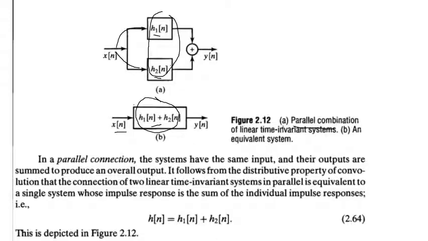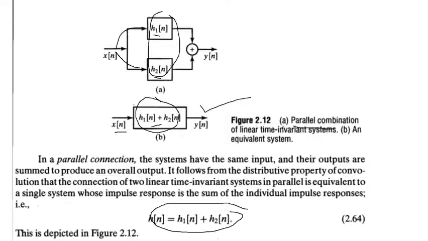So this is a parallel combination of LTI systems and an equivalent system. In a parallel connection, the systems have the same input and their outputs are summed to produce the overall output. So the impulse responses are added here.